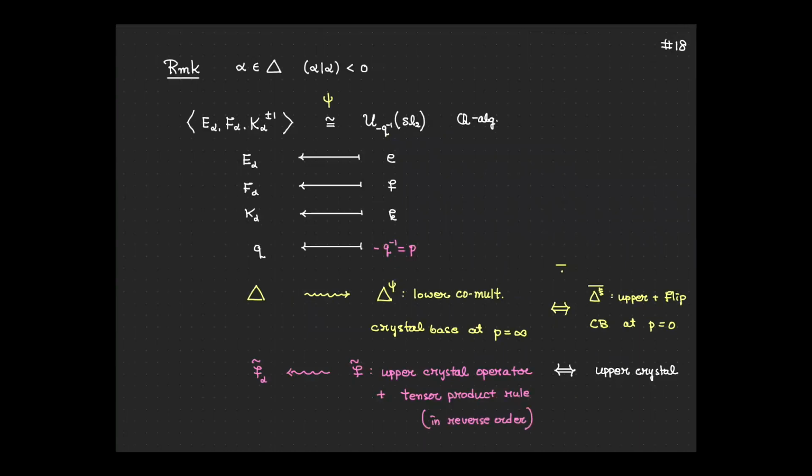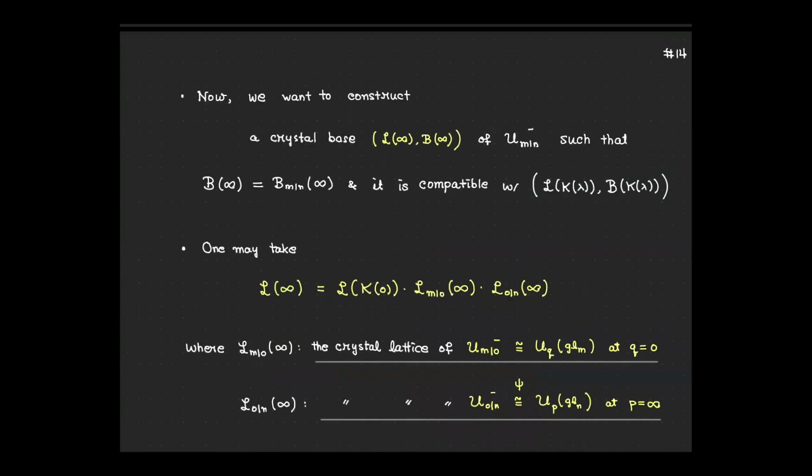So the Q equals 0 on the left-hand side corresponds to P equals infinity. So our natural candidate for the crystal lattice for the GL0n should be the crystal lattice at infinity, P equals infinity. Right.